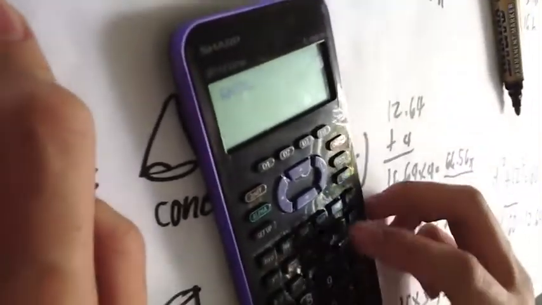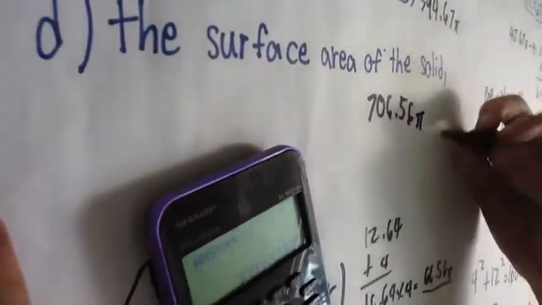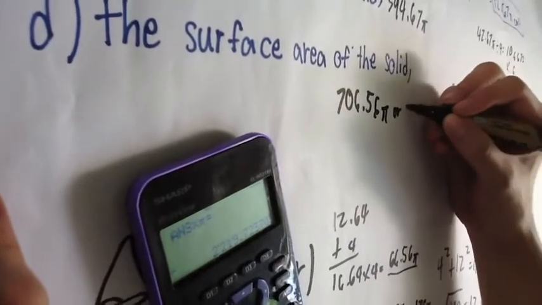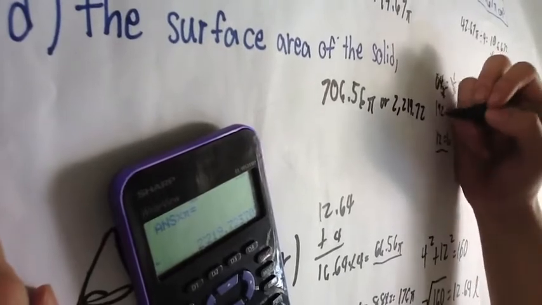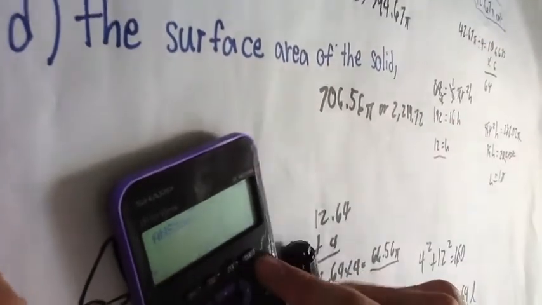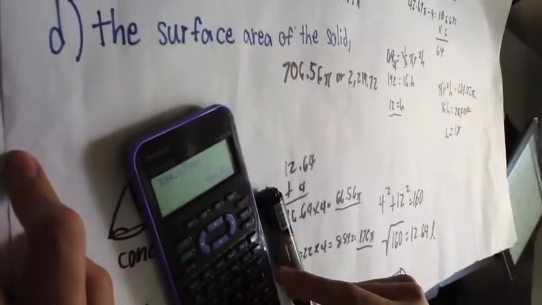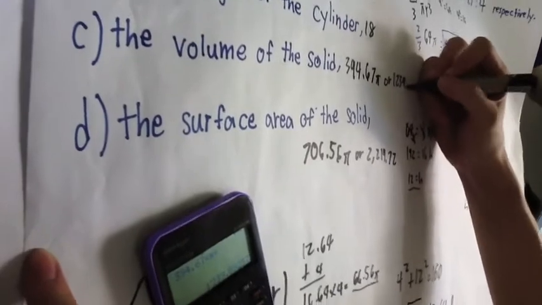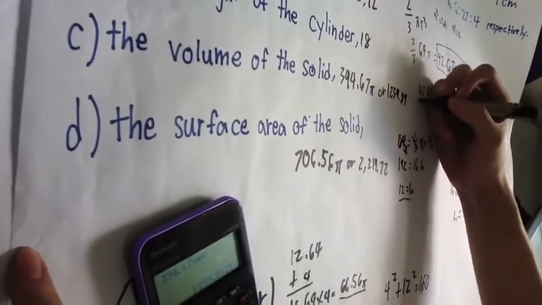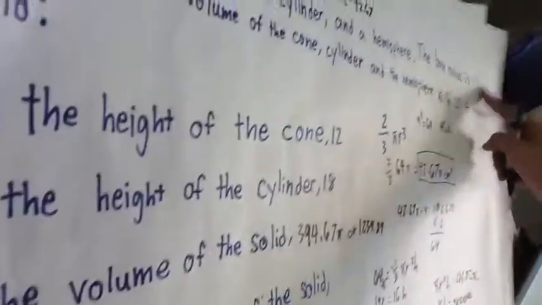So times it by pi is 2,219.72, and this one can be 394.67 times pi equals 1239.89.